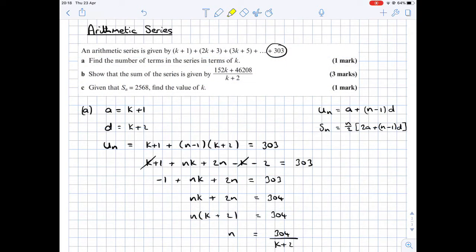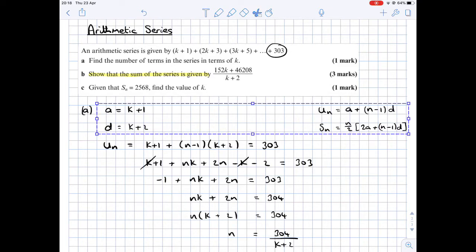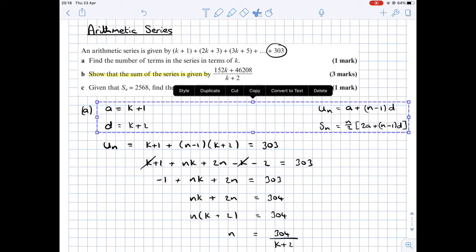In part B, we want to show that the sum of the series is given by the following expression. So let's not worry too much about the expression at the moment, but first of all find the sum of the series. So again, we're going to look at using what we know.